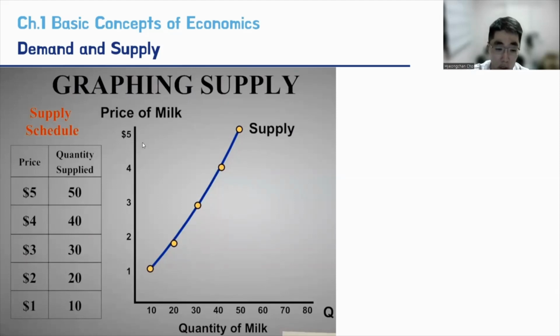So this kind of upward curve can be drawn from this chart. Just check it. When the price is 5 here, the quantity supplied is 50. When the price is 4, the quantity supplied is 40 here. And when the price is 3, the quantity supplied is 30, like here. So we can easily draw this upward graph for the supply curve, like this, upward.